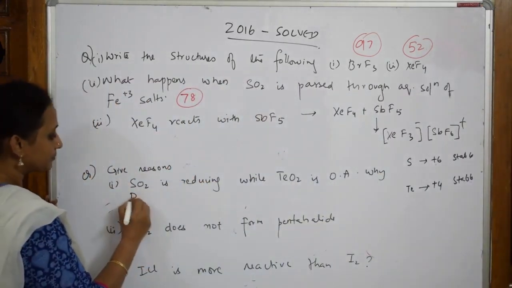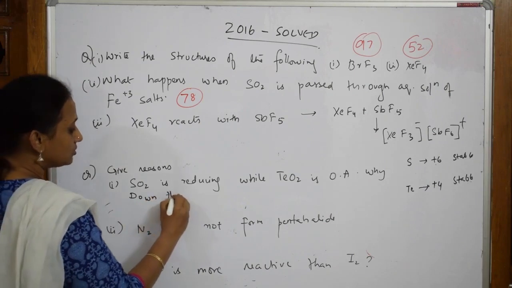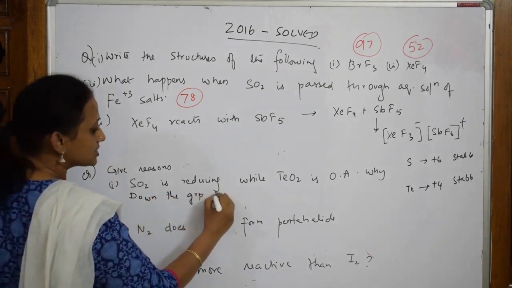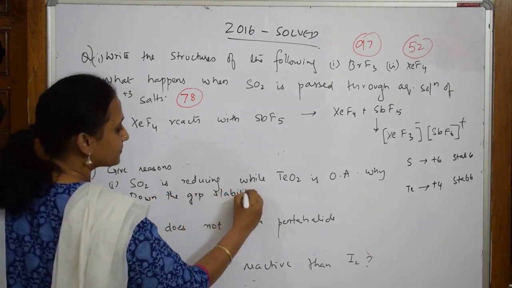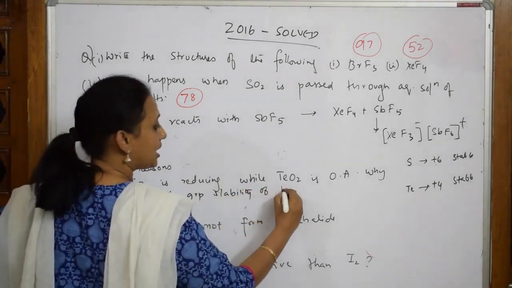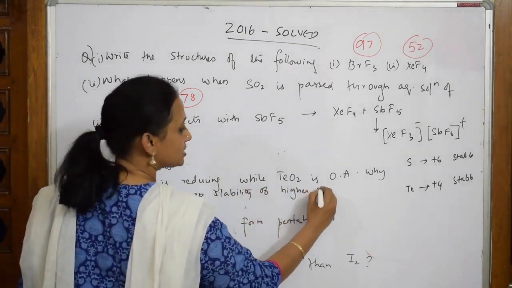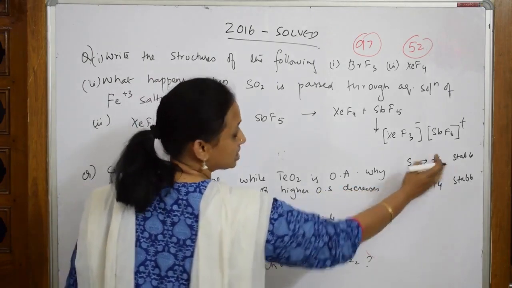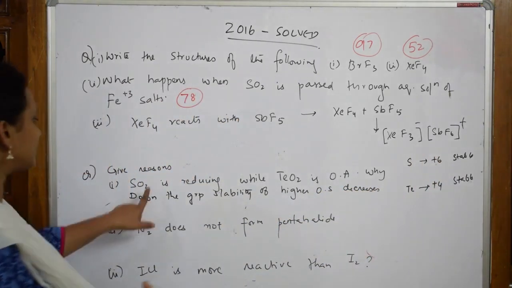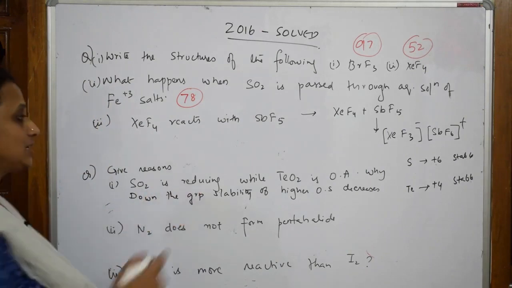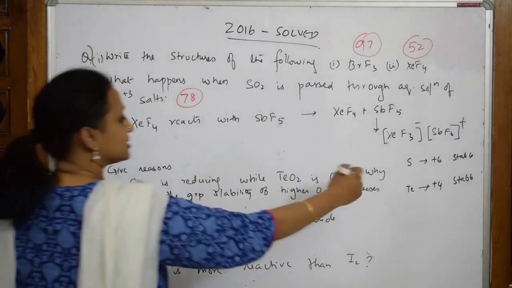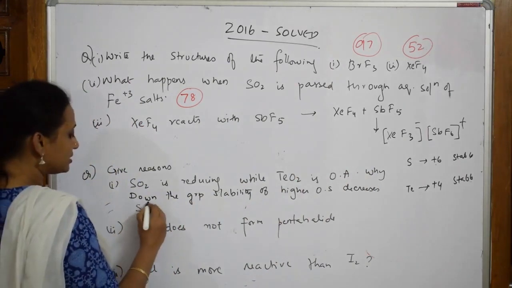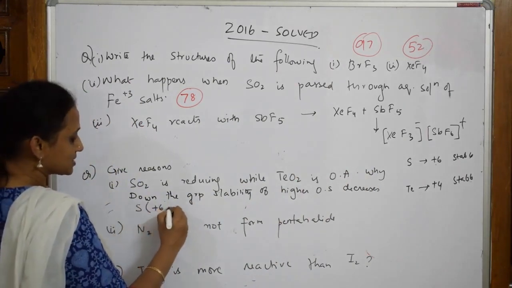Down the group, stability of higher oxidation state decreases. Okay, decreases. When it is higher, it has lost. That means reducing. For sulfur, already they said SO2 is reducing. So higher oxidation state decreases. For example, sulfur, the stable oxidation state is +6.